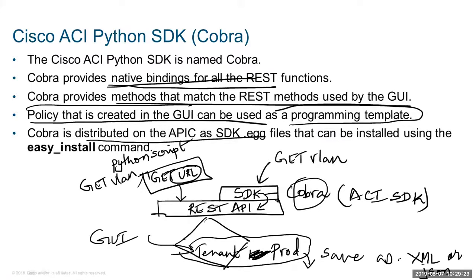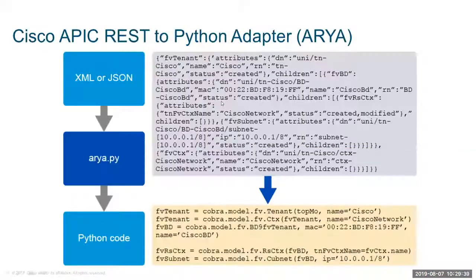Once you have this saved in XML or JSON, you can generate a Python script from it because Cisco has provided us with a tool. It's actually not Cisco, it's a third-party developed, again, open source, ARIA. ARIA.py, it's actually third-party developed. It stands for APIC REST to Python Adapter.